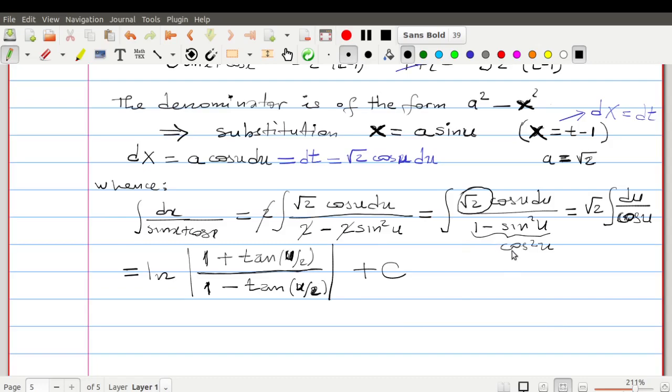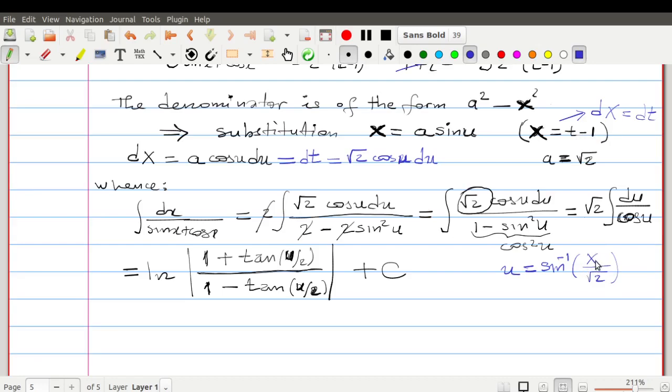So now if you replace u by this value, I can write here that u is equal, okay, let me write that with the blue color. So u from this expression is sine inverse capital X by a. And what is a? A is square root of 2. And even the capital X is t minus 1, as you can see here.